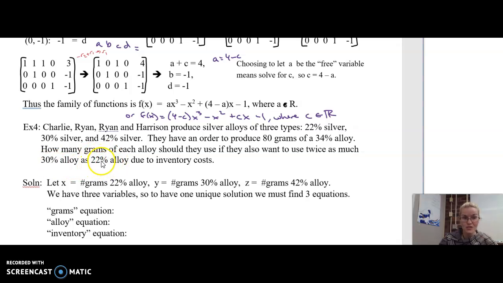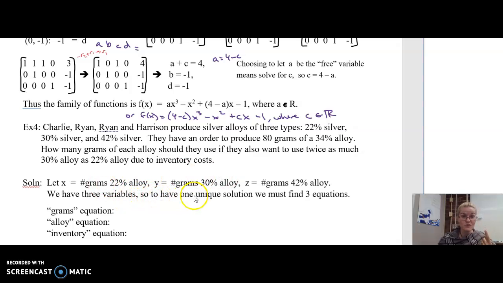So the first thing you have to do to solve this, right, give yourself some variables. Let x be the number of grams of the 22% alloy. Let y be the number of grams of the 30% alloy. Z be the number of grams of the 42% alloy. X, y, and z. All right. We have 3 variables.